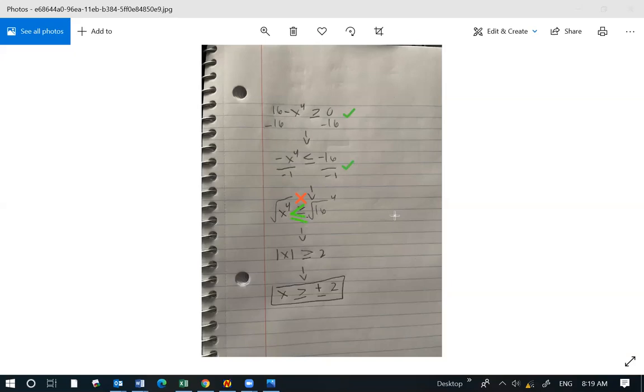So next, provided he's solving this inequality, the answer is wrong.